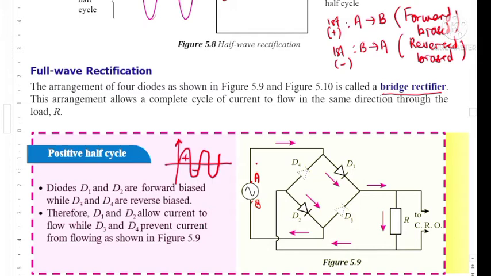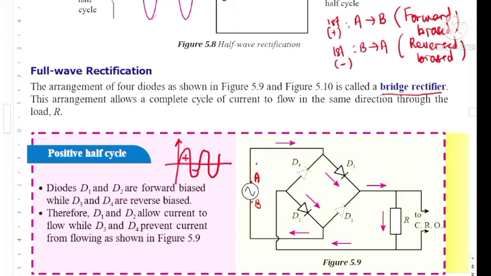This is the current flowing. So when reach here, there are 2 diodes. When flow A to B, for the first positive, current flow from A to B, meaning A is positive, B is negative.